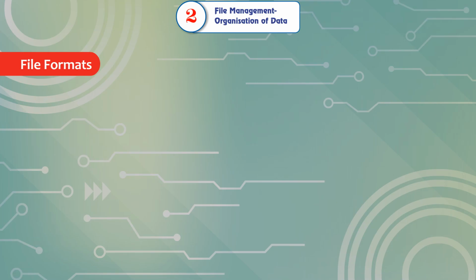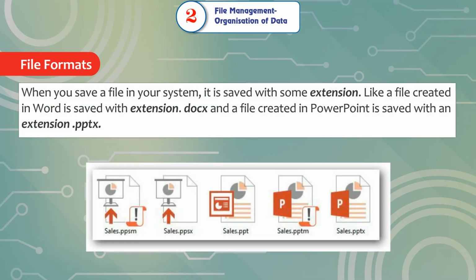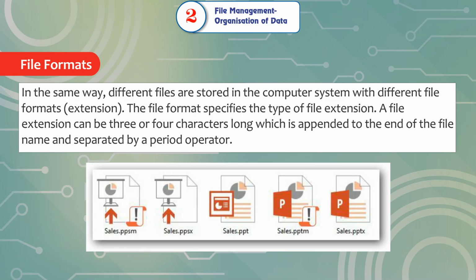File formats. When you save a file in your system, it is saved with some extension. Like a file created in Word is saved with extension .docx and a file created in PowerPoint is saved with an extension .pptx. In the same way, different files are stored in the computer system with different file format extensions.